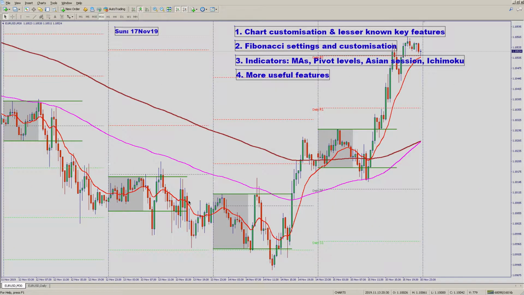I will show that here as well on the Asian session box, which is these two parallel horizontal lines, which signify the start of the day on the Asian session, right about an hour after the close of the New York session.